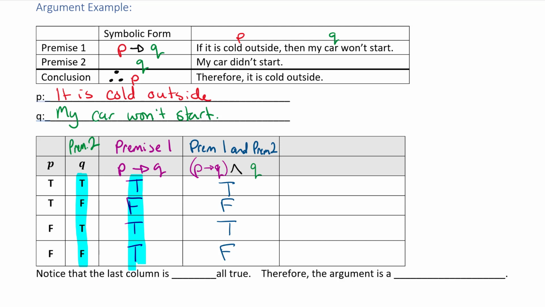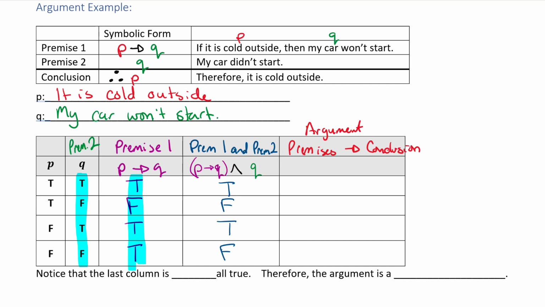So next I need to do my argument here. So for my full argument, I need to take the premises and I have to make sure that they actually do imply the conclusion. So if all of these truth values are true all the way down, then I know it's a valid statement.